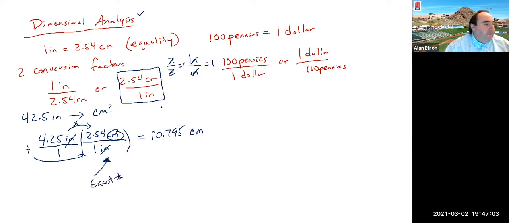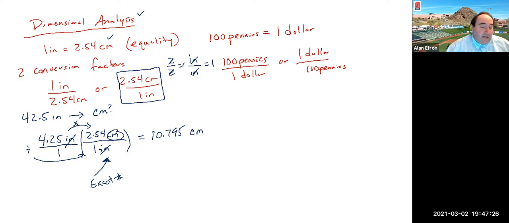What's an exact number? An exact number is something that is really not measured. It's either a definition, like what we have here, or it is something that was counted. So if I had 5 apples on the desk, I wouldn't find some scientific way to figure out how many apples I have. I would simply go over and count. Hey, I got 5 apples.